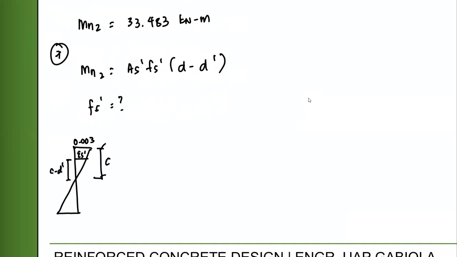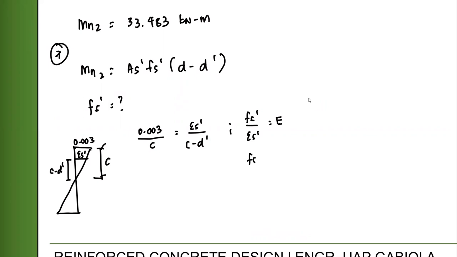So by ratio and proportion, we have 0.003 all over C is equals to ES prime over C minus D prime. Okay? Pero alam natin na si stress over strain, equal yan sa modulus of elasticity natin.